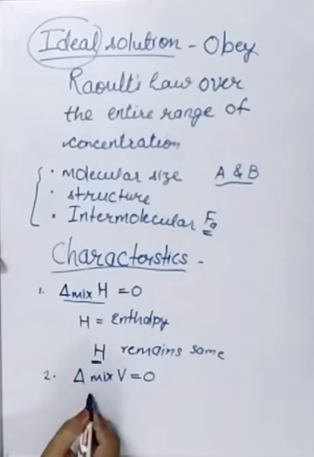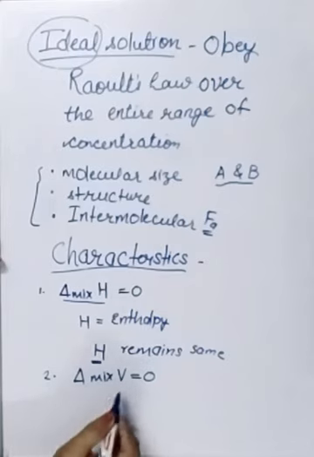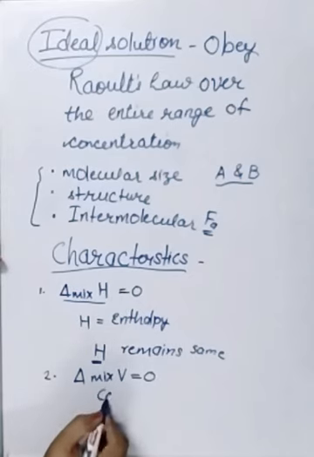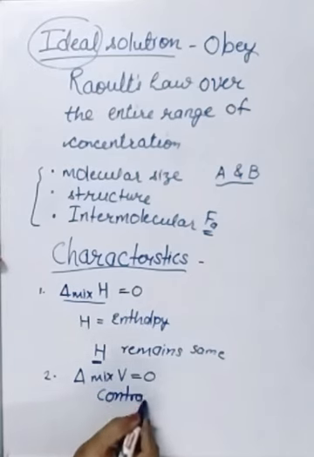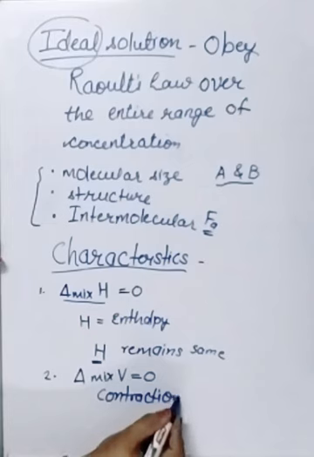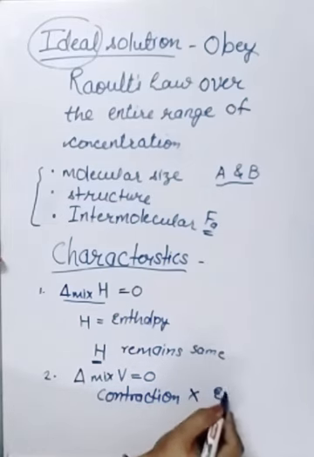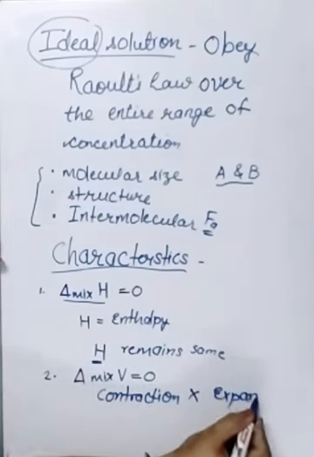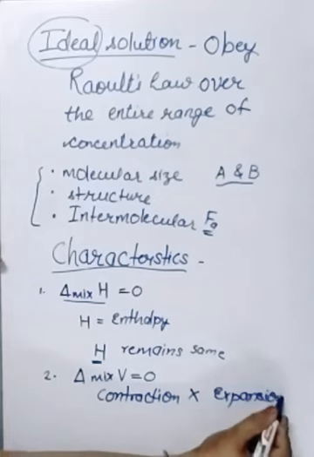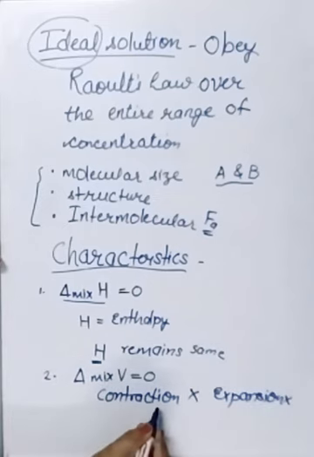So here if the two components are mixed and they are forming an ideal solution, then volume change should be 0. There should be no contraction of liquids and no expansion of liquids.